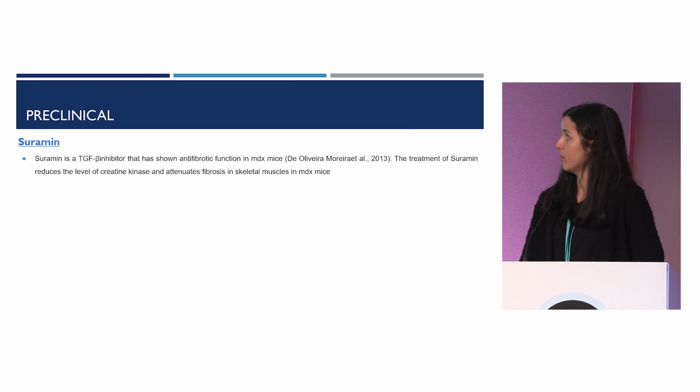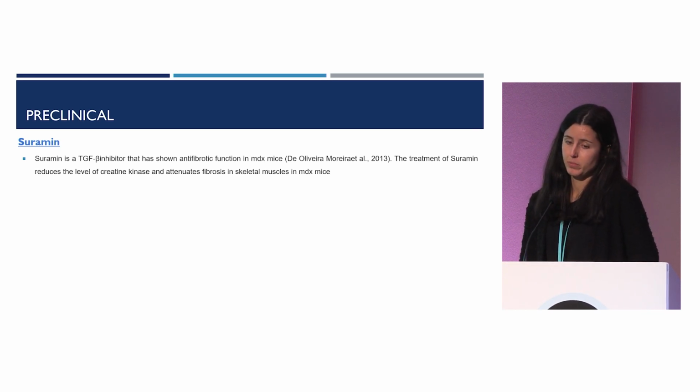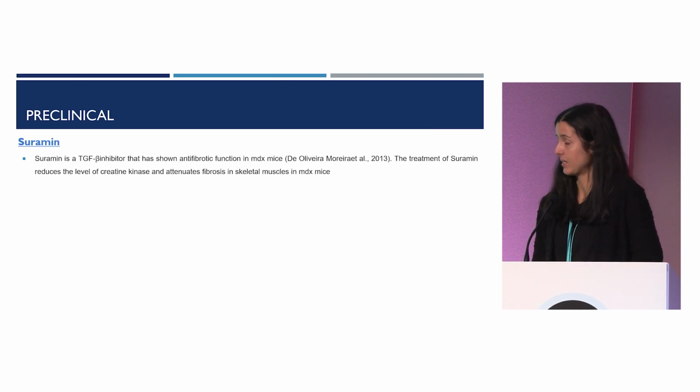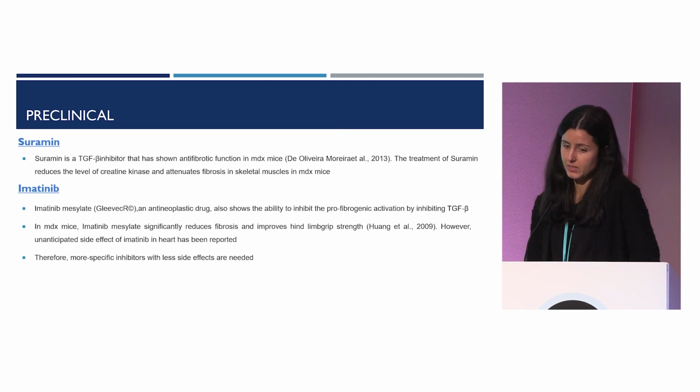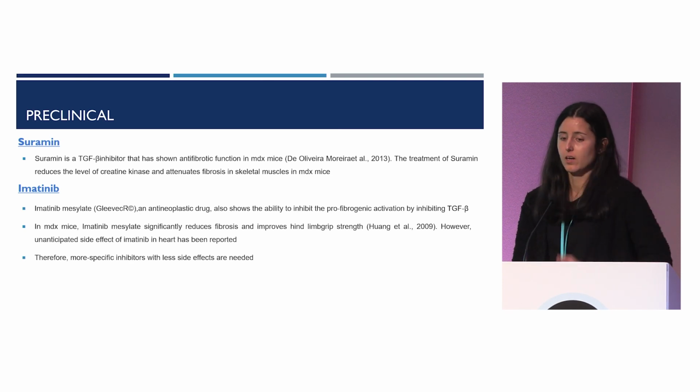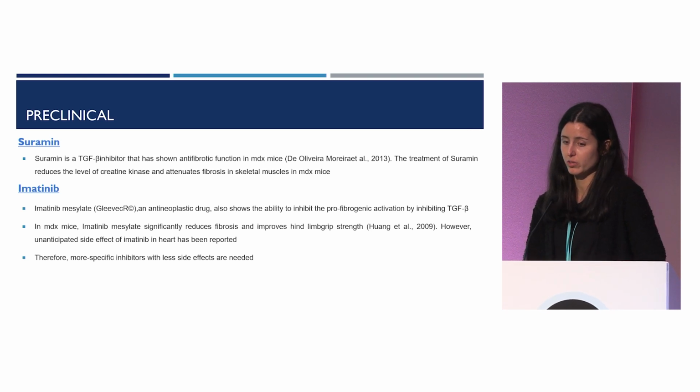And finally, as some preclinical drugs that have been investigated, we have suramin, which is a TGF-beta inhibitor. TGF-beta is one of those molecules that increases fibrosis, one of the master molecules, I would say, that increase fibrosis in the muscle. Imatinib is an anti-neoplastic drug that also showed the ability to inhibit some pro-fibrogenic factors.